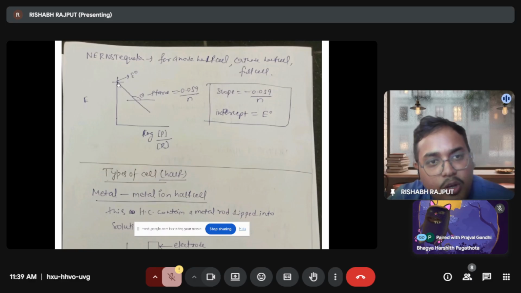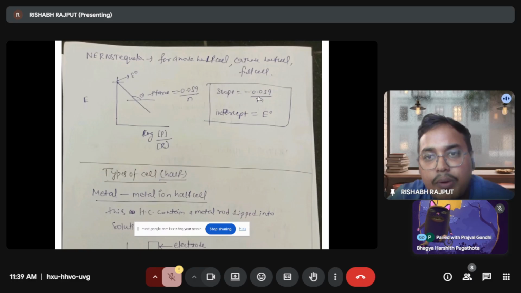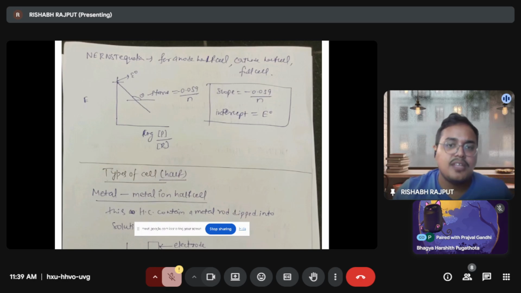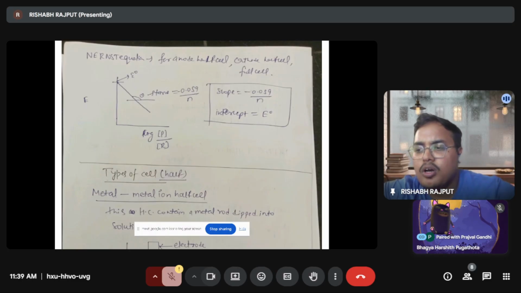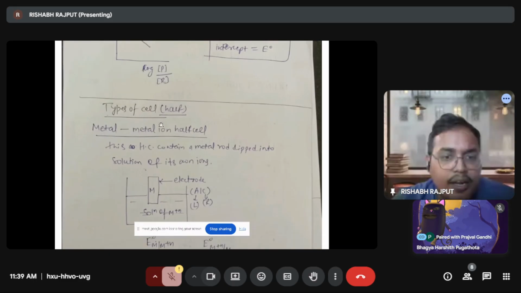From here your graph will go downside, and for this graph your slope value is minus 0.059 by n. This is the slope for this graph. So please remember what the slope for this graph is and what the intercept is. Remember this graph, it is important for solving numericals. Yes, sometimes they will ask questions like this.